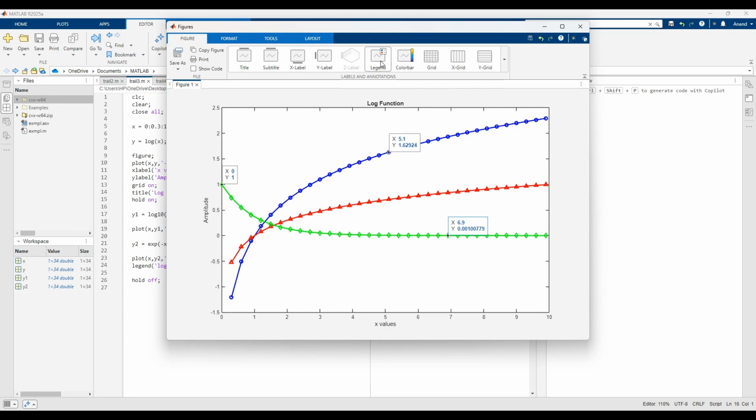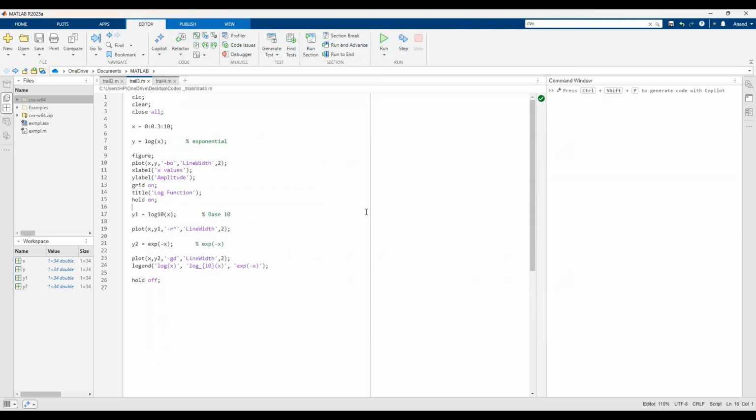You can remove the legend as well. So there are so many functions to do something. So this is the basic program: the ln, log x, and exponential.